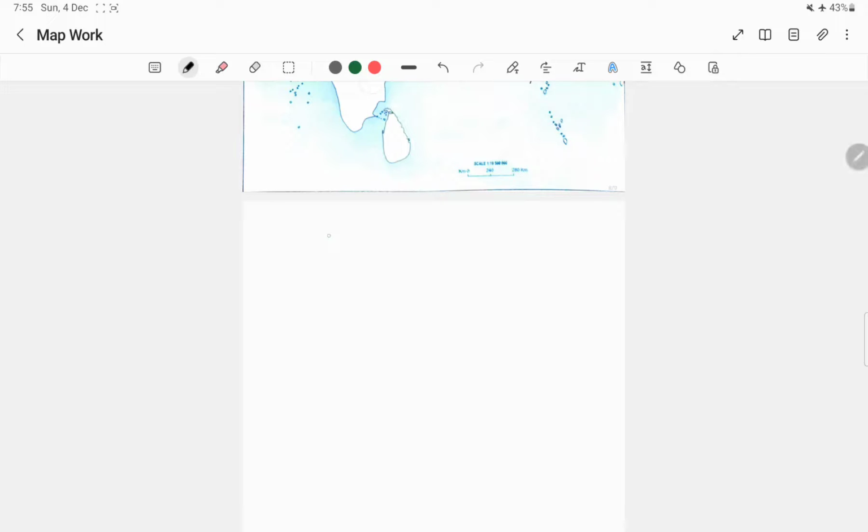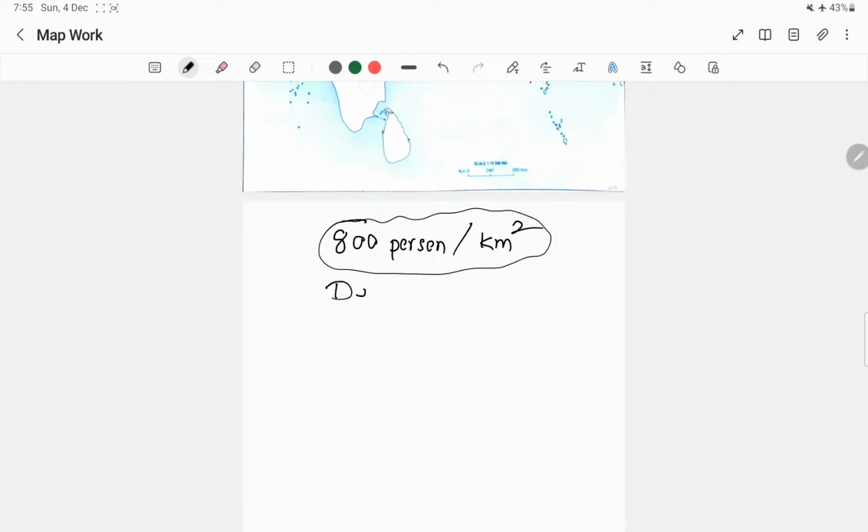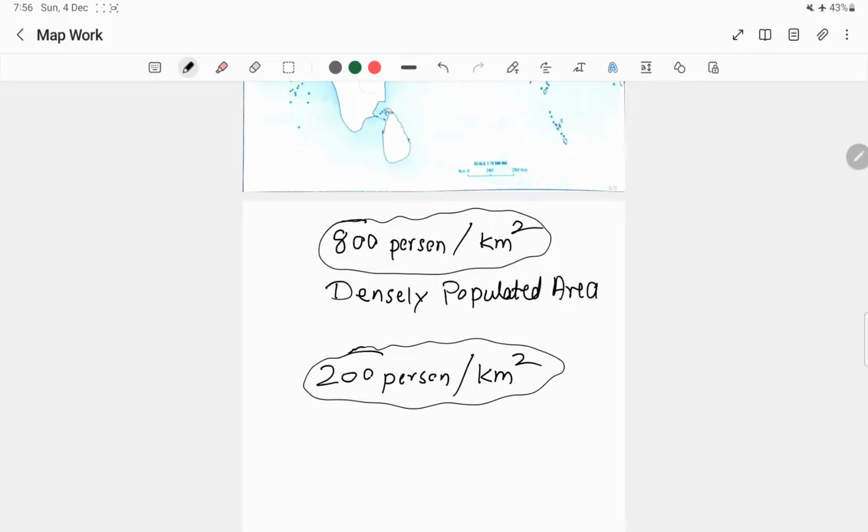If the density is above 800 per kilometer square, then that area will come under densely populated area. And if the density is below 200 per square kilometer, then that area will come under sparsely populated area.